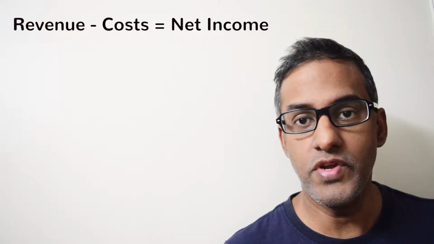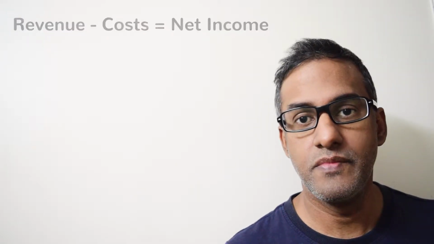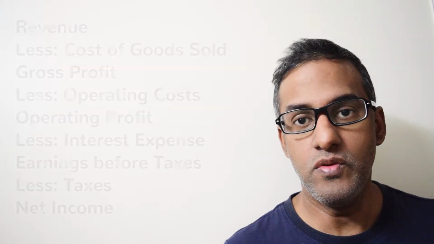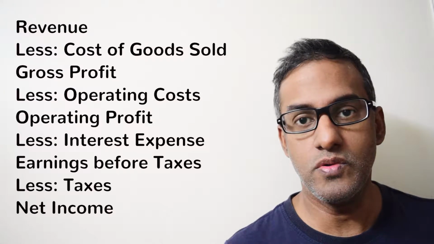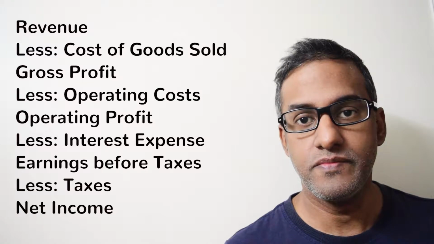An income statement is also known as a statement of performance, statement of operations, and more commonly, a statement of profit and loss. Now, if you had to look at a statement, it would be simply revenue minus cost, and we get net income. A more expanded definition, however, would be revenue minus cost of goods sold, and you get gross profit.